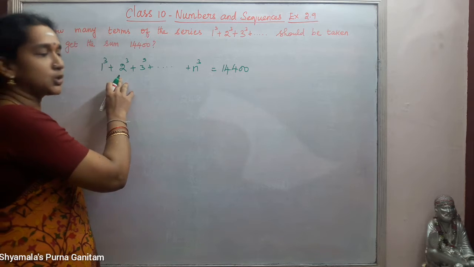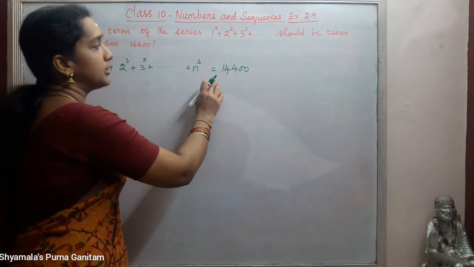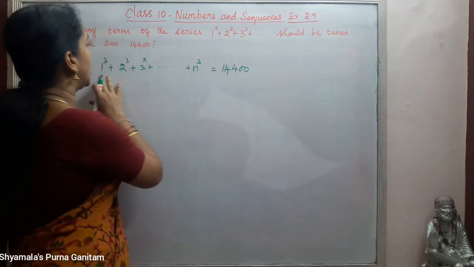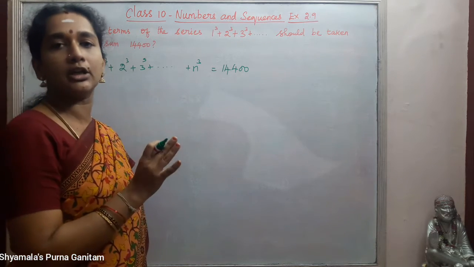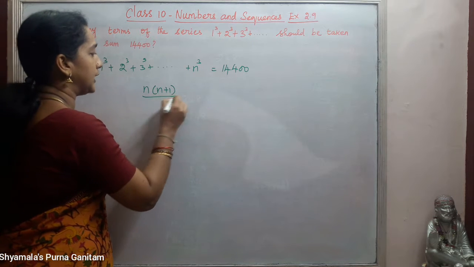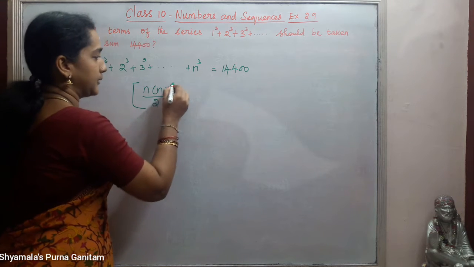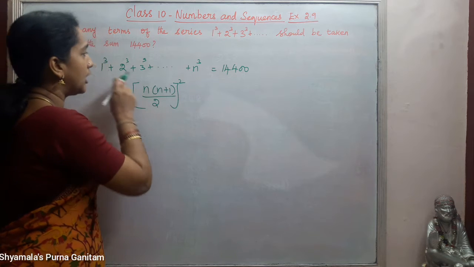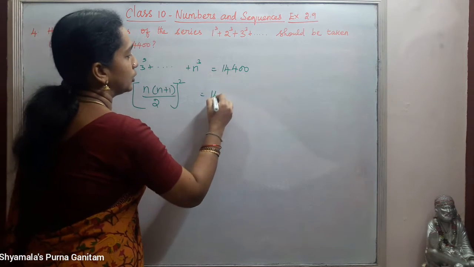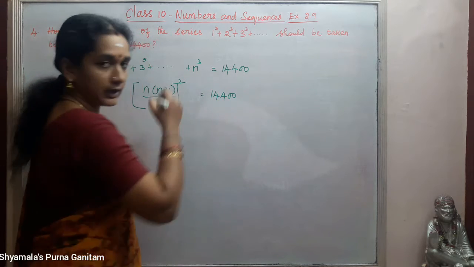So 1 cube plus 2 cube plus 3 cube up to n cube is equal to 14,400. We know the formula for cubic terms. Sum of the cubic terms is n into n plus 1 by 2 the whole square. This is the formula for finding the sum of the cubic terms, and it is given as 14,400.